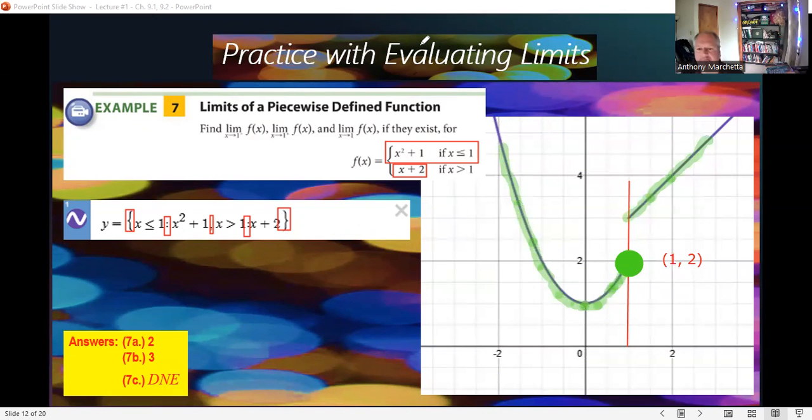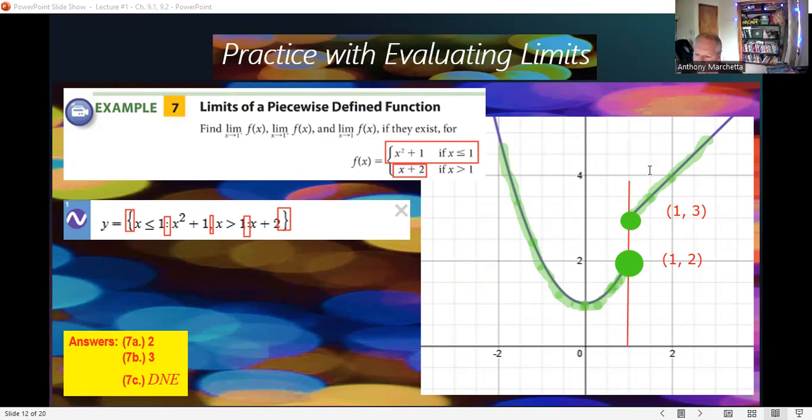Let's give it a point. There's a point right there. A bigger one. Okay. And what is that point? Looks to me like it's 1, 3. Remember the language: as x approaches 1 from the right, the limit y is approaching 3.